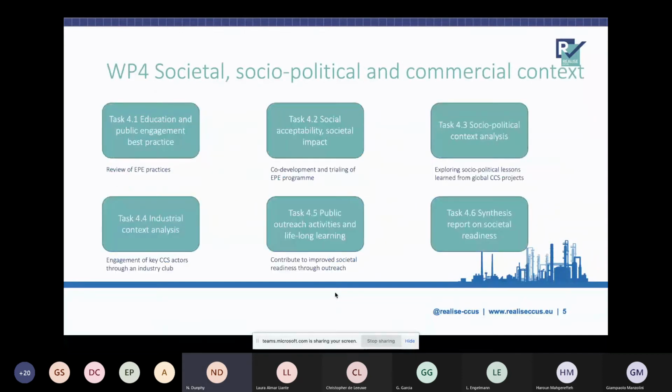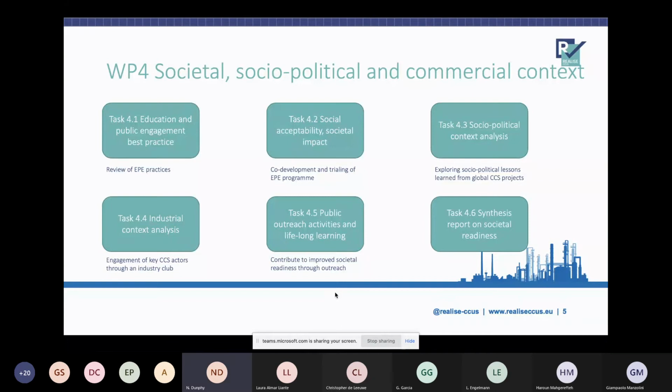So this is a quick overview of the work package that I mentioned. It comprises 6 tasks. The first of which is a critical review of education and public engagement programs. What went right, what went wrong, what could be improved, what's transferable to other cases.